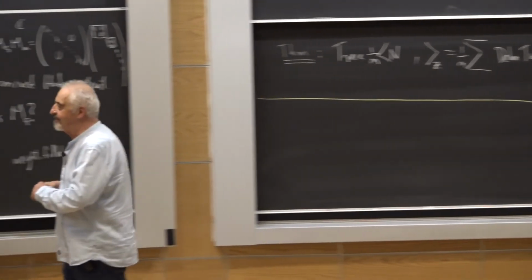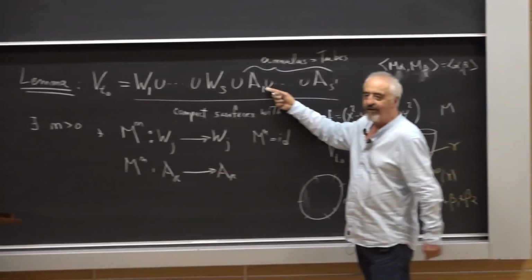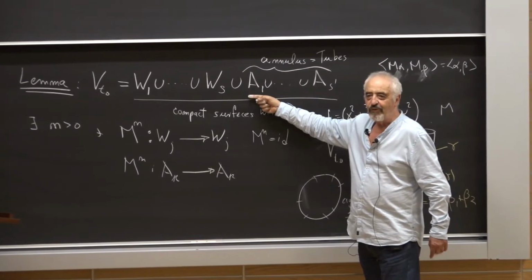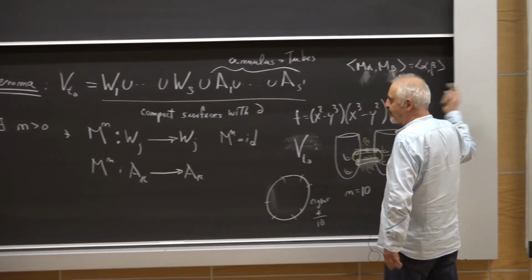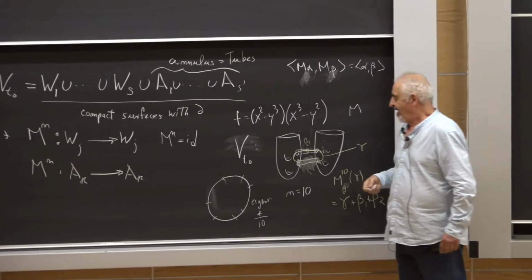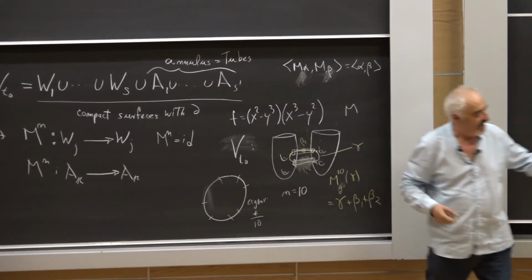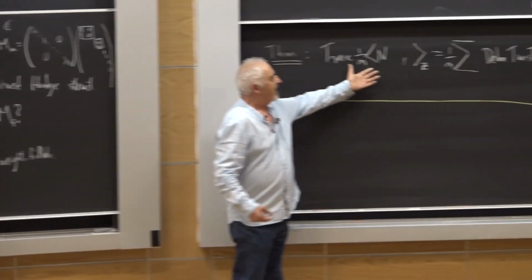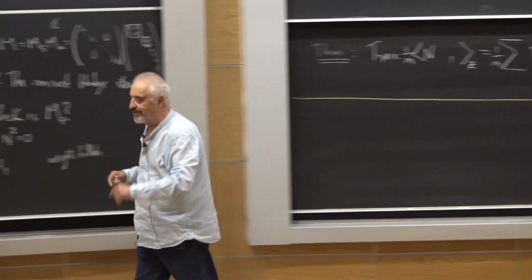Now, I will sketch a proof of this result, and you will see from the sketch that this proof will extend to all dimensions. Then these Hodge theoretic invariants are defined in all dimensions.